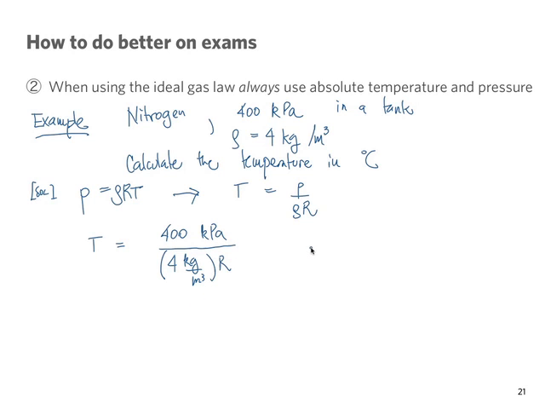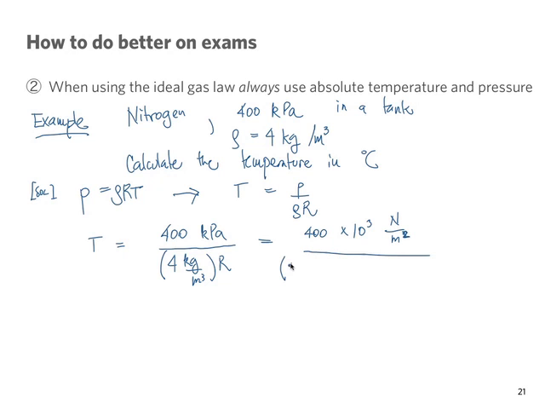I have to look up the value of R in a table, and I'm going to take out the kilo unit here by writing explicitly 10 to the 3. So I no longer have that kilo prefix, and I write my Pascal units in terms that I can simplify with the other units. So it's Newton divided by square meter.